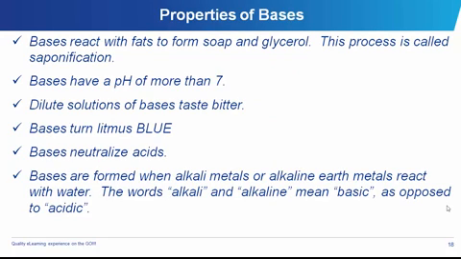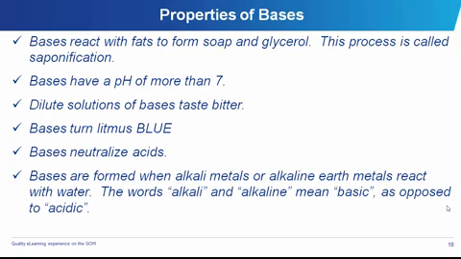Properties of a base. Bases generally have pH higher than 7, and they are bitter in taste. Acids are sour in taste, bases are bitter in taste. Bases neutralize acids, and acids also neutralize bases.